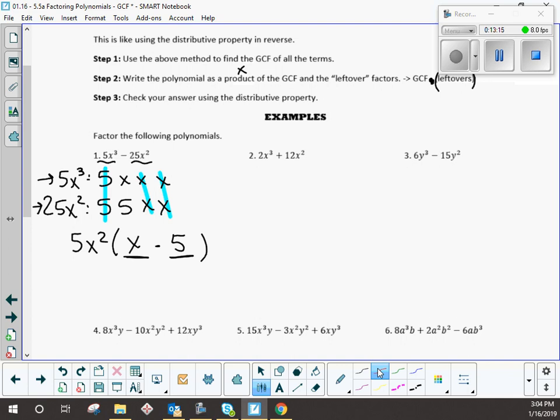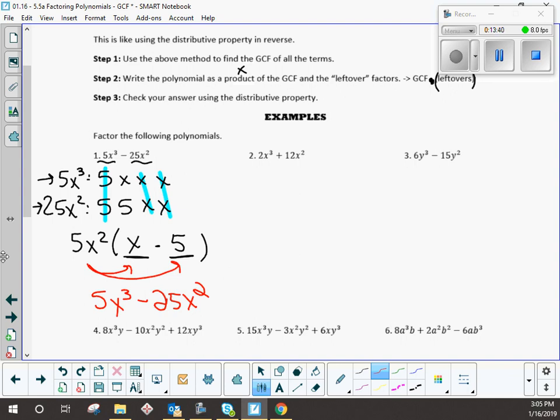So this last step says check your answer using distributive. You don't absolutely have to, if you just feel wild and just want to leave your answer. But you can always check it to see if you did it right. So that would look like this. I would distribute this in. That would give me 5x cubed minus 25x squared, which is what I started with. So factoring is kind of like a reverse distributive property.